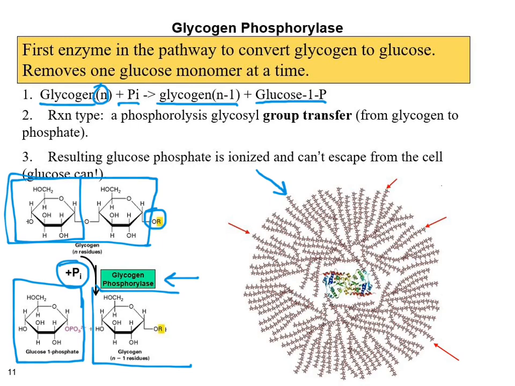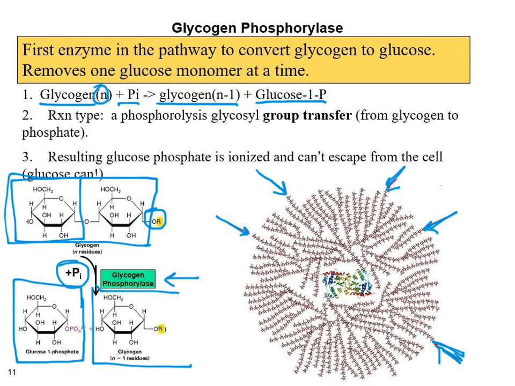Now, there's not just one glycogen phosphorylase enzyme inside a cell. There's many. And so realize when the body needs energy and it calls on glycogen for that source of energy, lots of glycogen phosphorylases can start working on this glycogen. And this is denoted by all these red arrows. In fact, it could even be more than what I'm showing here. So there's lots of areas or substrates.